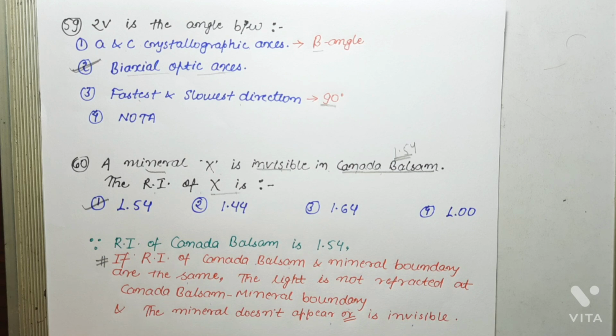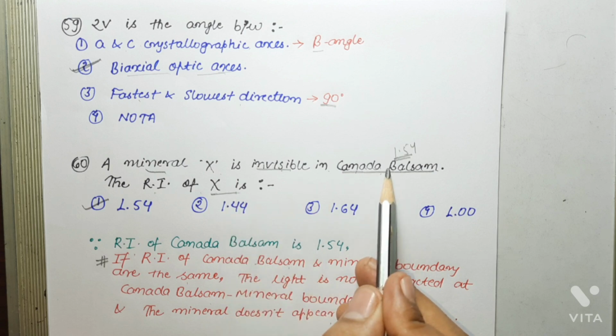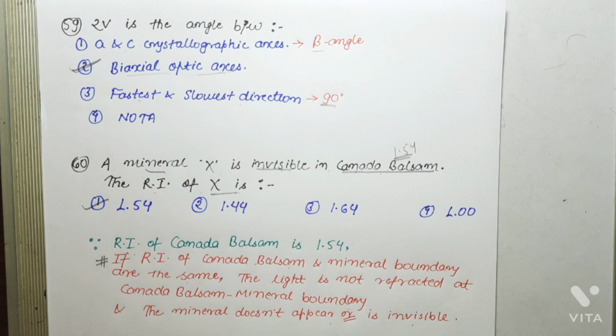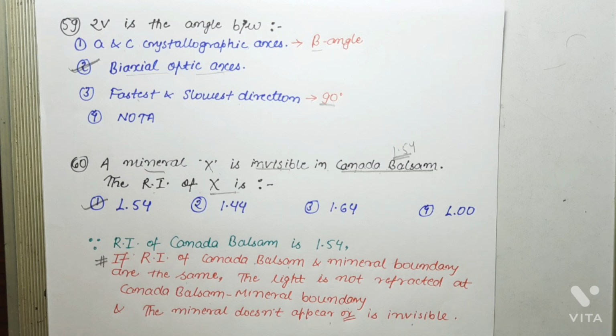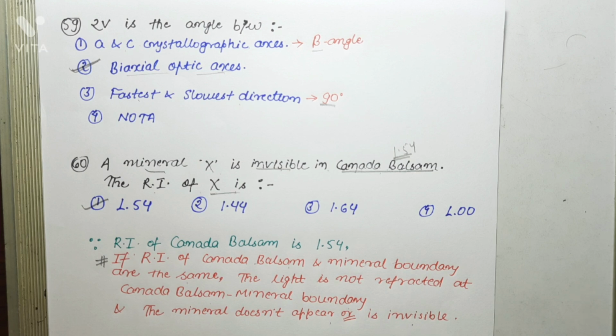Now if the refractive index of mineral X is other than Canada balsam or the mounting medium, then the mineral will stand out. A mineral's boundary is visible only when there is a difference between the refractive index of the mineral and Canada balsam or any other mounting medium, and this is also known as relief. Relief is the degree to which a mineral grain stands out from the mounting medium.